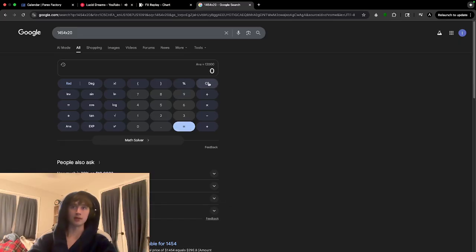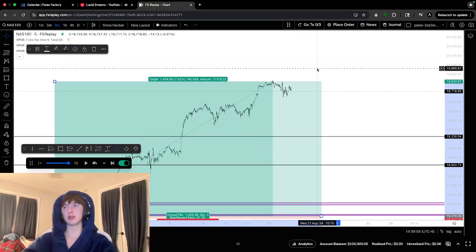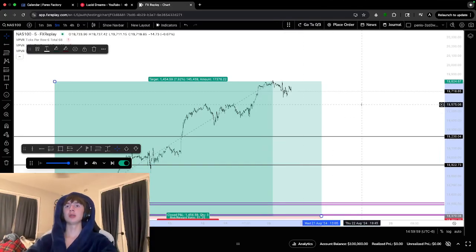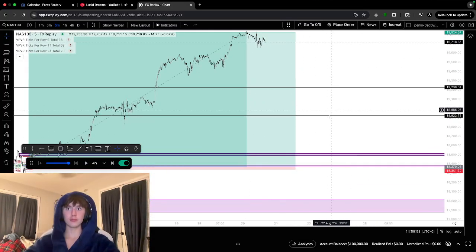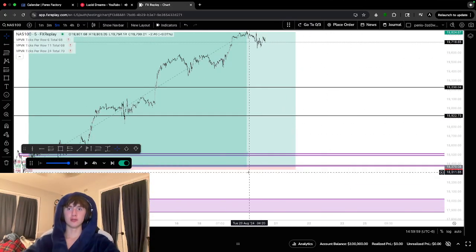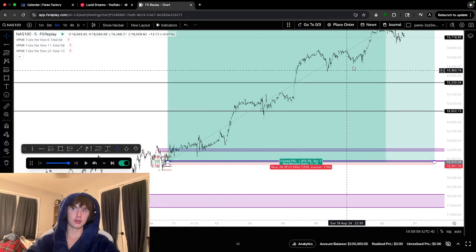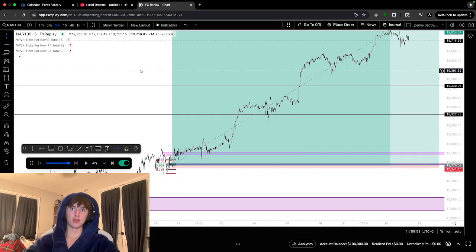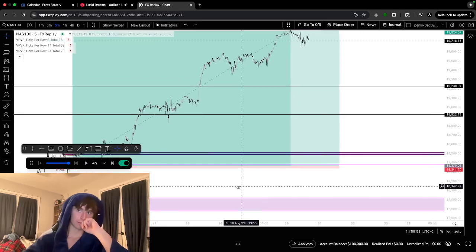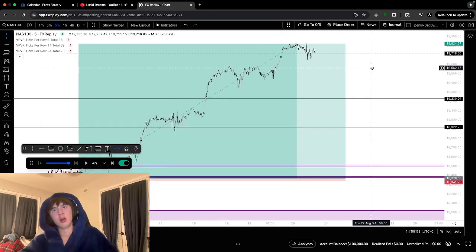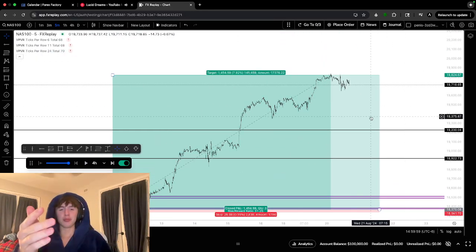Okay, that was not correct. Anyway, we're going back to backtesting. We got like 20-ish more minutes of backtesting. Anyway, I could have hit this trade if I would have held. If I would have held, that would have hit. This gotta prove to somebody out there that this strategy works.